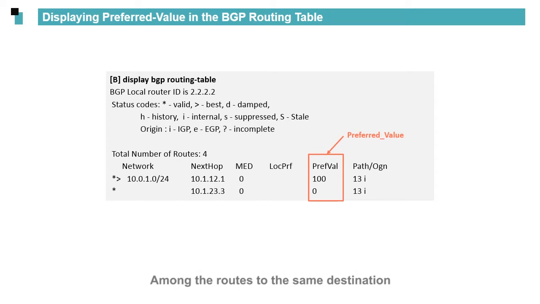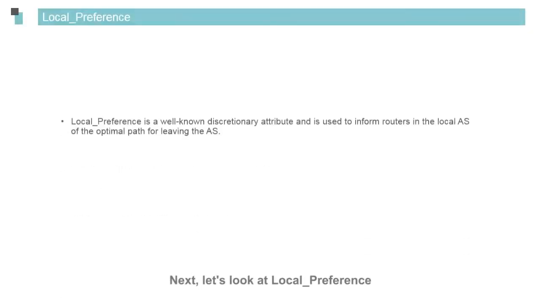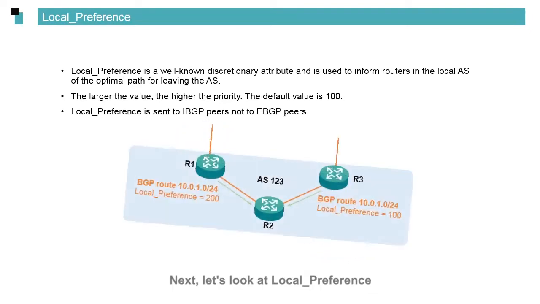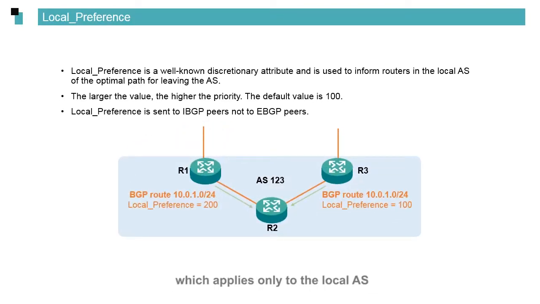Among the routes to the same destination, BGP selects one route, marks it with a right-angle bracket at the beginning of the route in the BGP routing table, and adds the route to the IP routing table. This is because the preferred value of the route received from R1 is increased. This route is preferred.